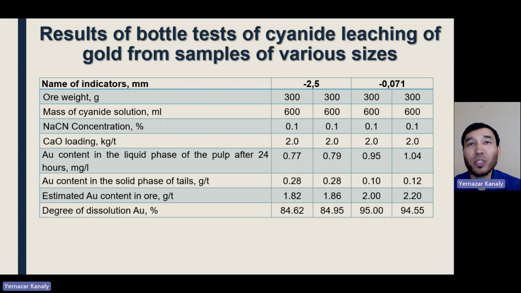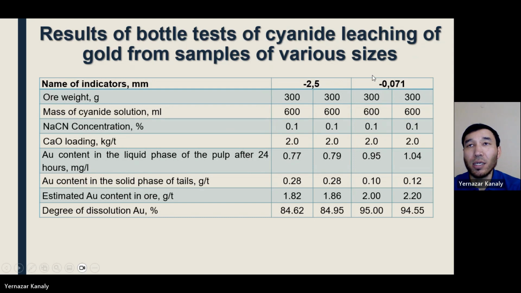During the leaching process, the concentration of sodium cyanide and the pH of the medium were monitored, and the reagents were added if necessary. According to the results of the bottle test, we can say the size of the raw materials affects the degree of dissolution of gold, which increases with decreasing size.